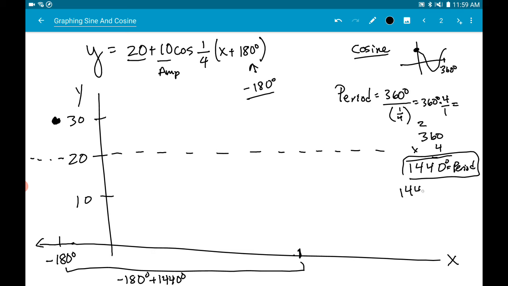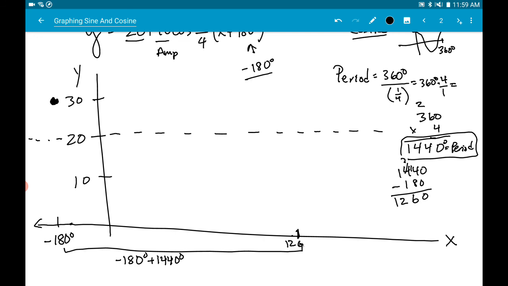If I add negative 180 to 1440, I'm going to end up at 1260. That 1260 would be how I label this piece down here. And because it's cosine, it's going to end at the same spot that it started. The graph starts high, then it comes down, bottoms out, then it goes back up, and then repeats itself.